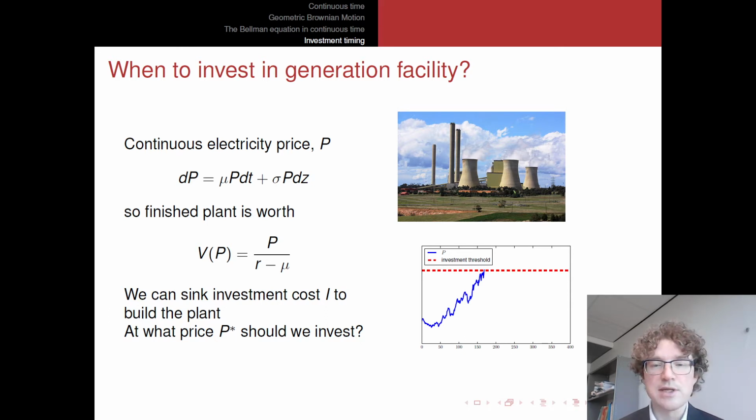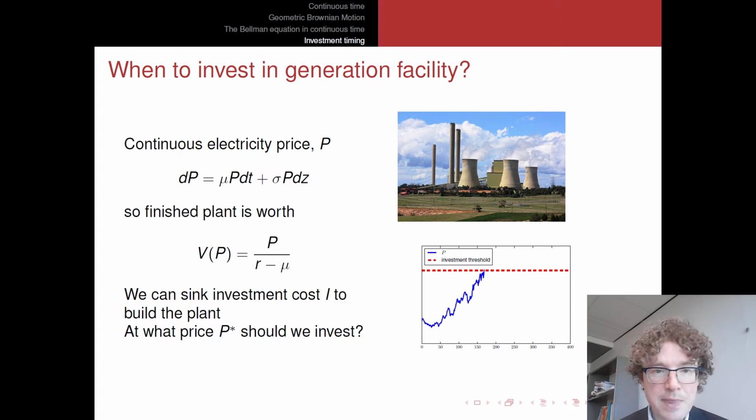So let's assume indeed that this price for electricity that we're going to generate in the future is governed by this geometric Brownian motion process as we see here. We're going to abstract away from costs here, and get to costs at a later stage.